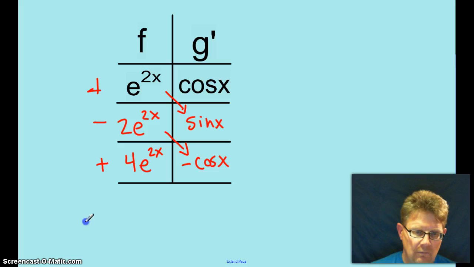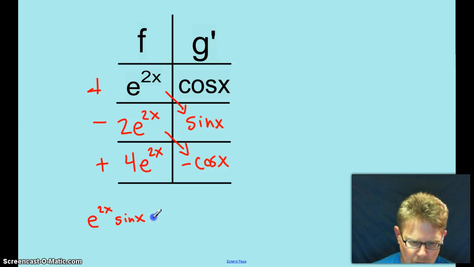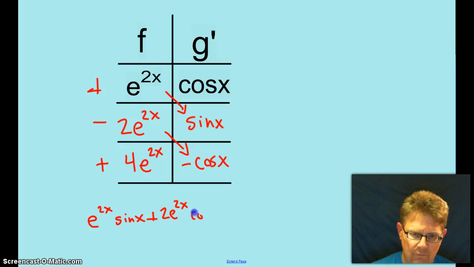So it is going to be, sorry about that, e to the 2x sine x, okay, negative and negative, that would be plus 2e to the 2x cosine x.